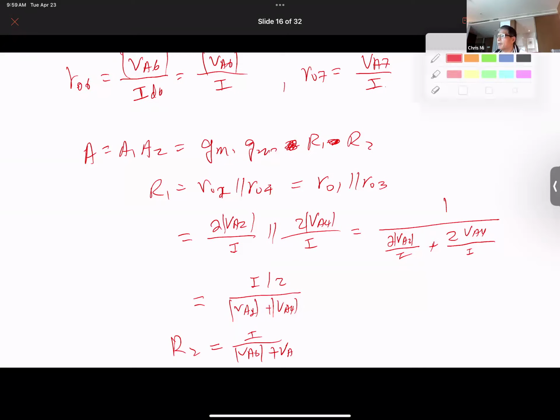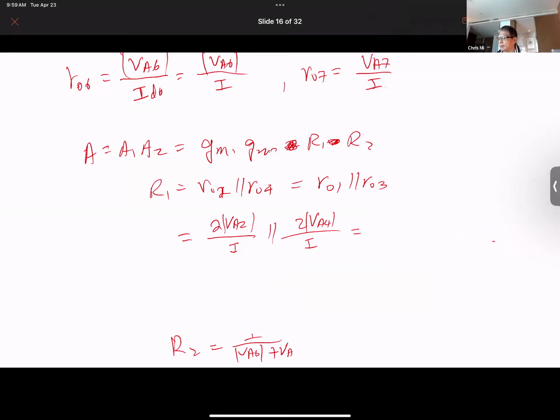Oh, I made a mistake. Sorry. That's why it's not correct. I have to use the rule for parallel resistors. Let me write here.